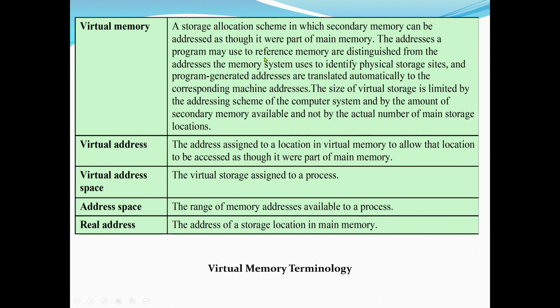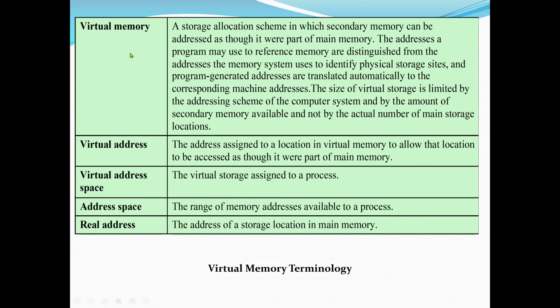The addresses a program may use to reference memory are distinguished from the addresses the memory system uses to identify physical storage sites, and program-generated addresses are translated automatically to the corresponding machine address. The size of a virtual storage is limited by the addressing scheme of the computer system and by the amount of secondary memory available, and not by the actual number of main storage locations.